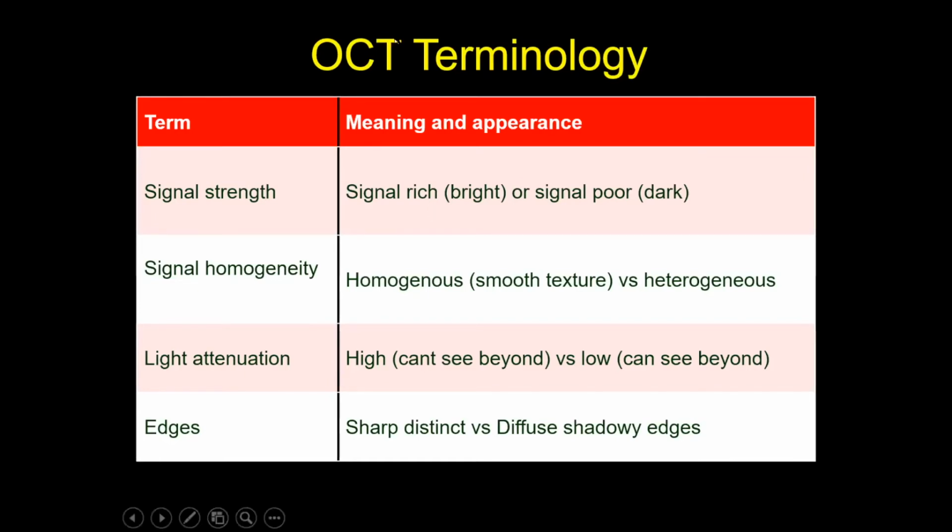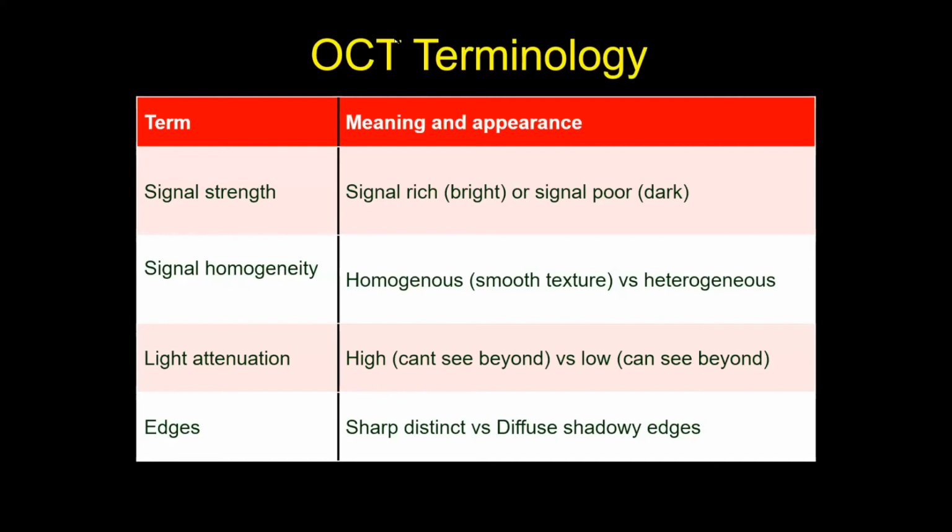The third thing which we want to look at is whether some structure is obstructing the passage of light, meaning high attenuation, so you can't see beyond that, or it's low attenuation, meaning that it's not obstructing the passage of light and you are able to see the structures beyond that lesion, beyond your area of interest.